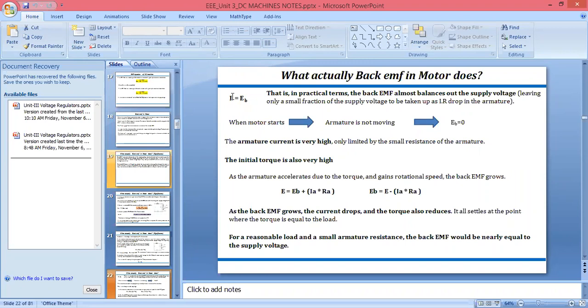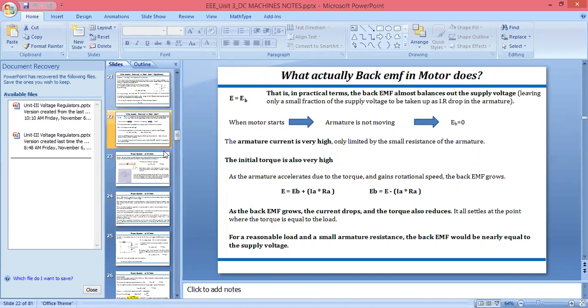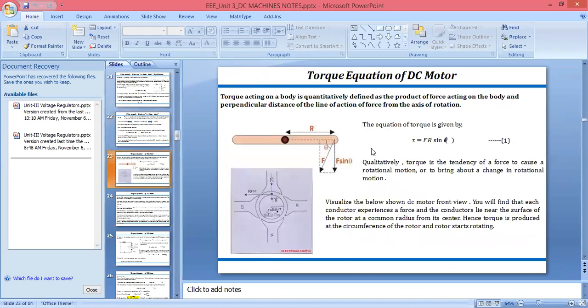Thus each conductor will experience a force, and the conductors lie near the surface of the armature, at a common radius from its center. You will understand if I show the next slide. Just wait for me. You can see here where the armature will move.